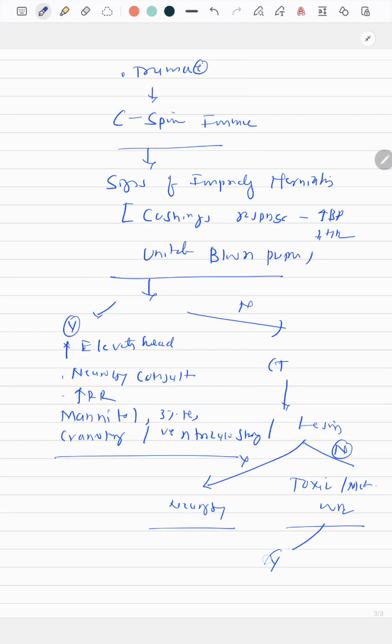Then you should treat accordingly. If there is no toxic etiology or metabolic workup is not showing anything, you should consider lumbar puncture and proceed as said previously.